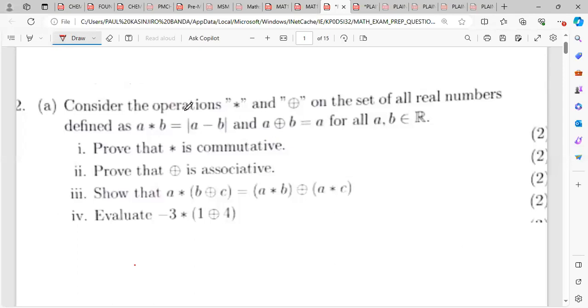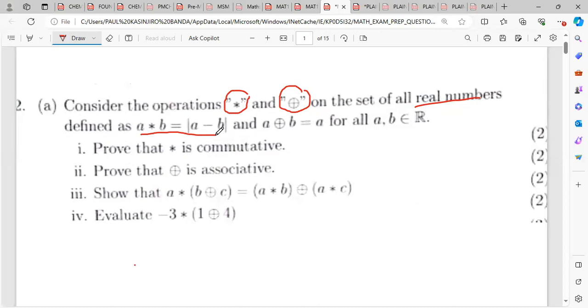They are saying, given the operation star and the operation crossed circle on the set of all real numbers, defined as A star B is equal to the modulus of A minus B, and A crossed circle B is equal to A, for all values of A and B that are members of the real numbers.